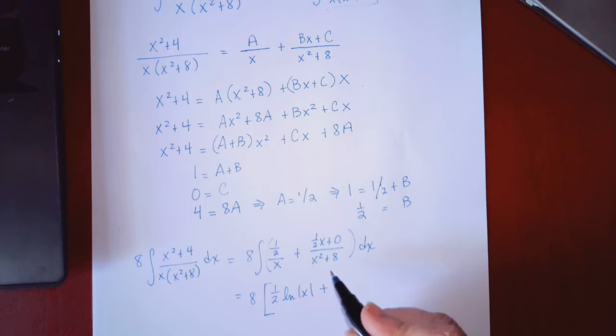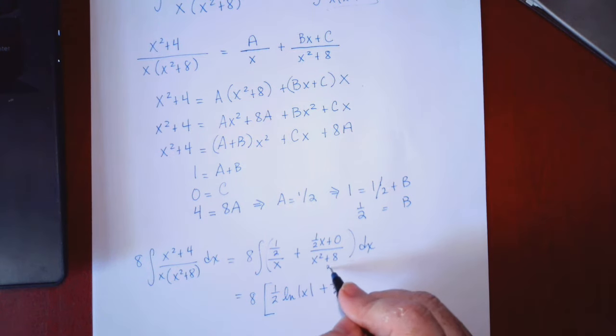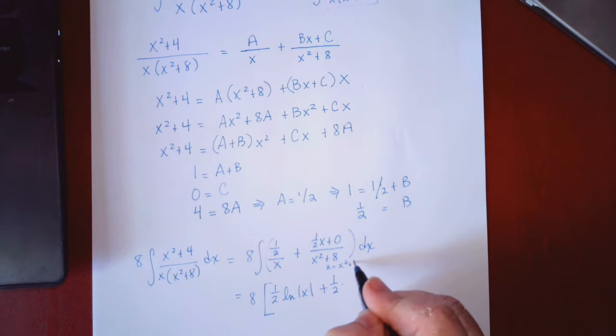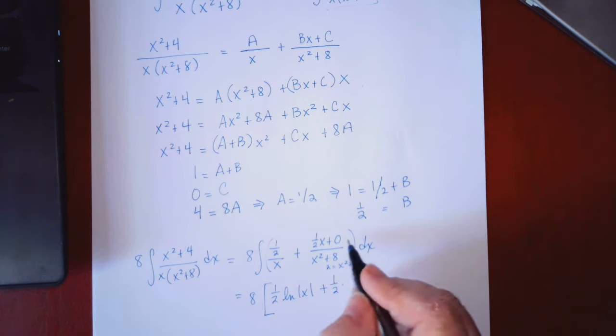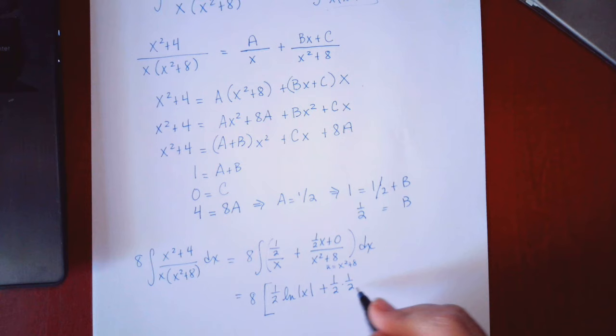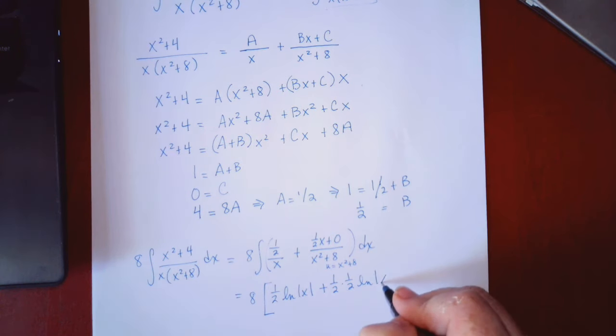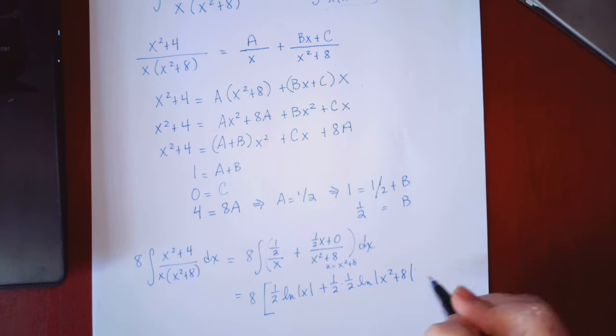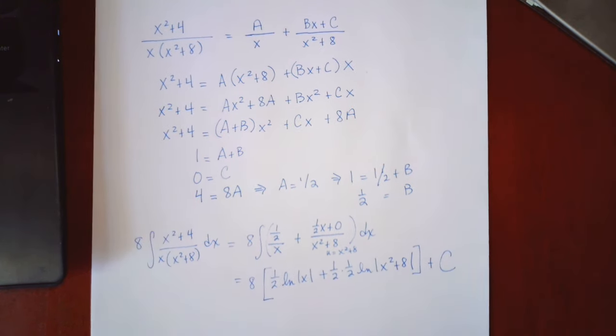plus 1/2 times, if you let u equal x squared plus 8 there, then du would be a 2x, so I'm going to have another 1/2 times the natural log of absolute x squared plus 8. And then plus c.